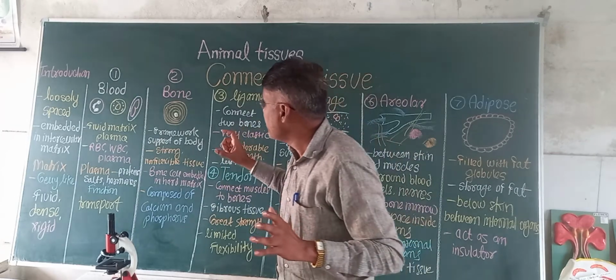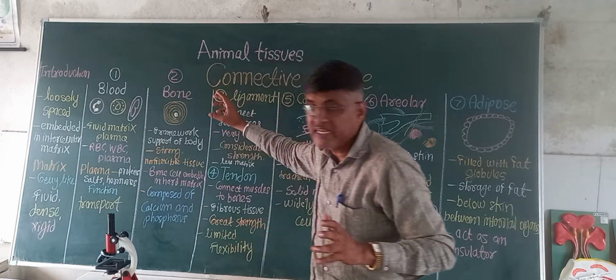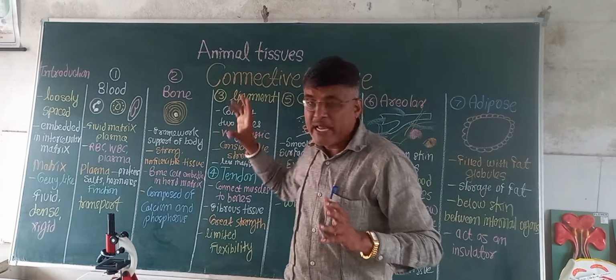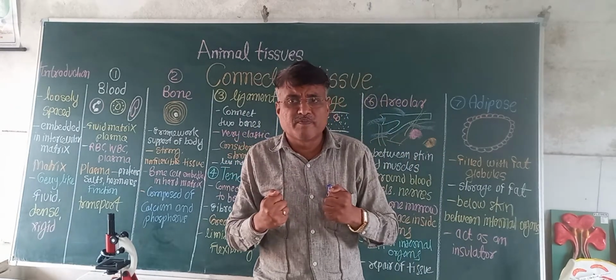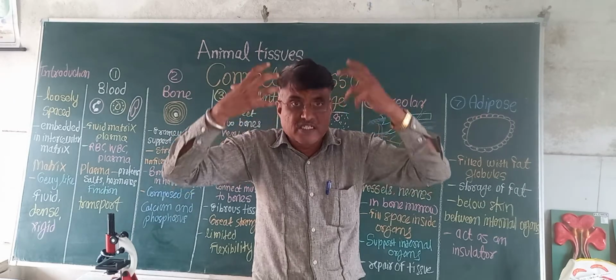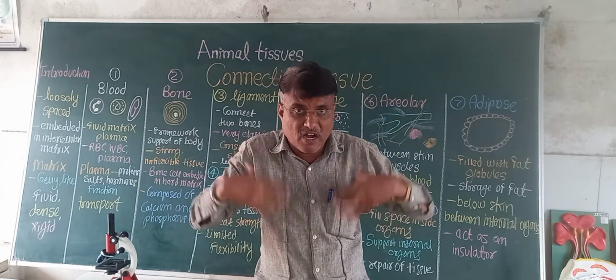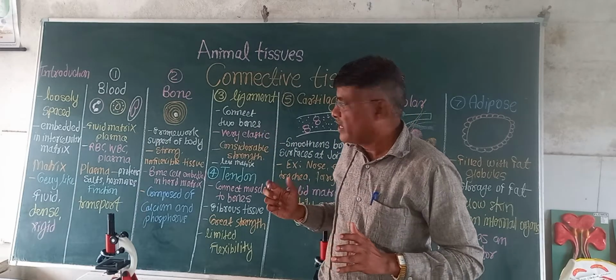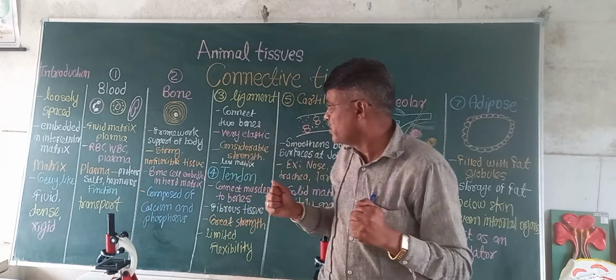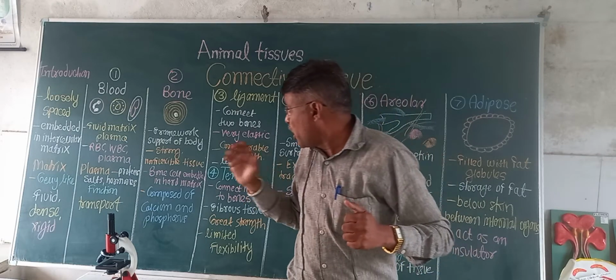Now the second type of connective tissue, bone. See the diagram, bone. Bone has the cells called osteocytes. And all of you know the function of bone in our body. The framework of our body is due to the bone. Bone is important, and bone is a strong, non-flexible tissue.